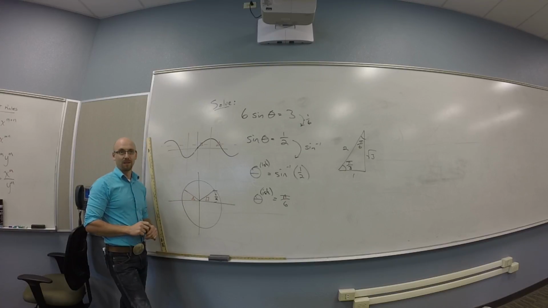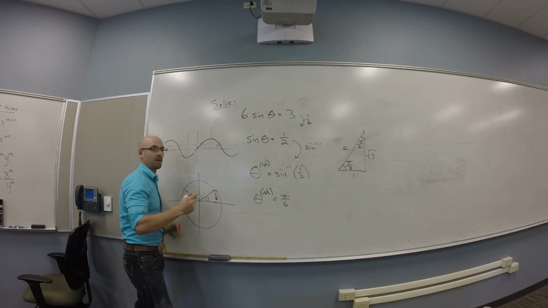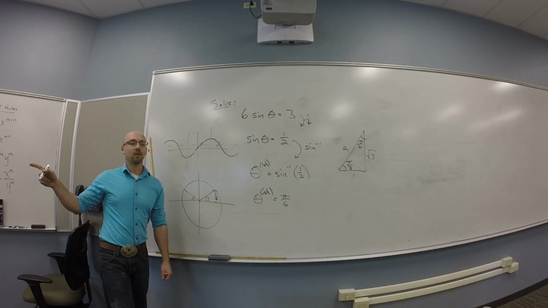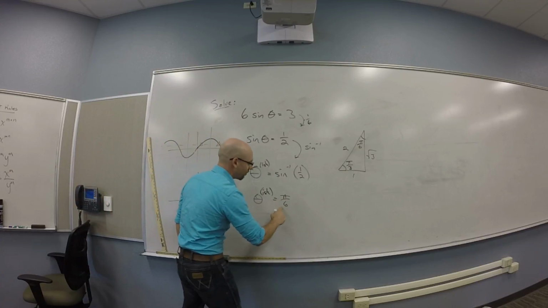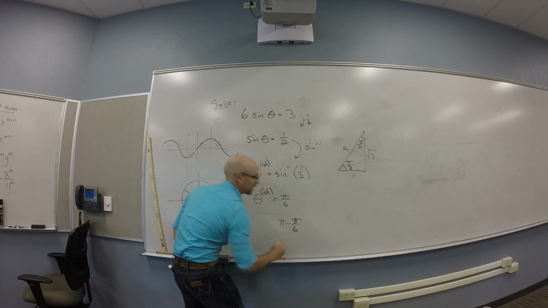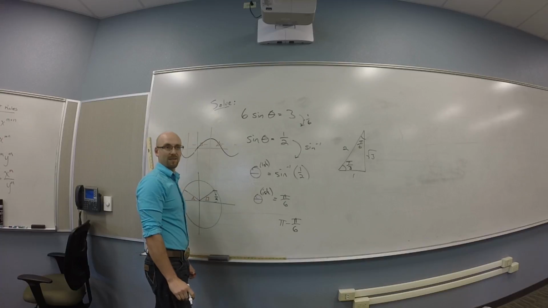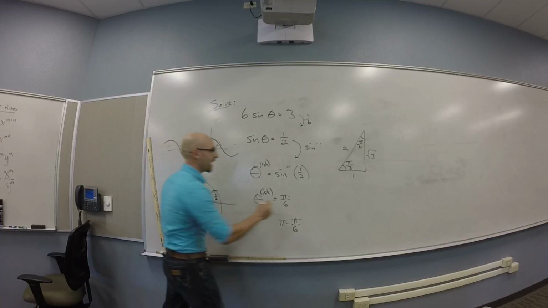You guys see me? So what's the other answer that I need to worry about? Pi minus pi/6. So I should have pi/6 and pi minus pi/6, right? And then what do I need to add to these? Then I need to add periods.